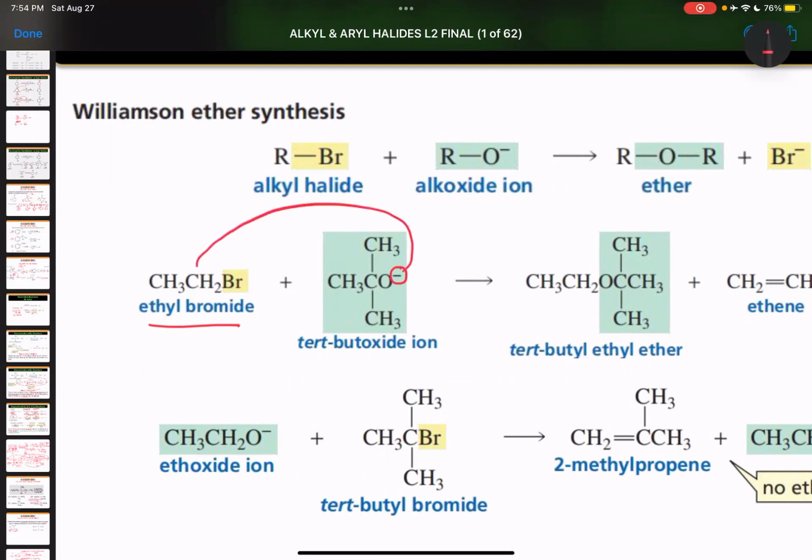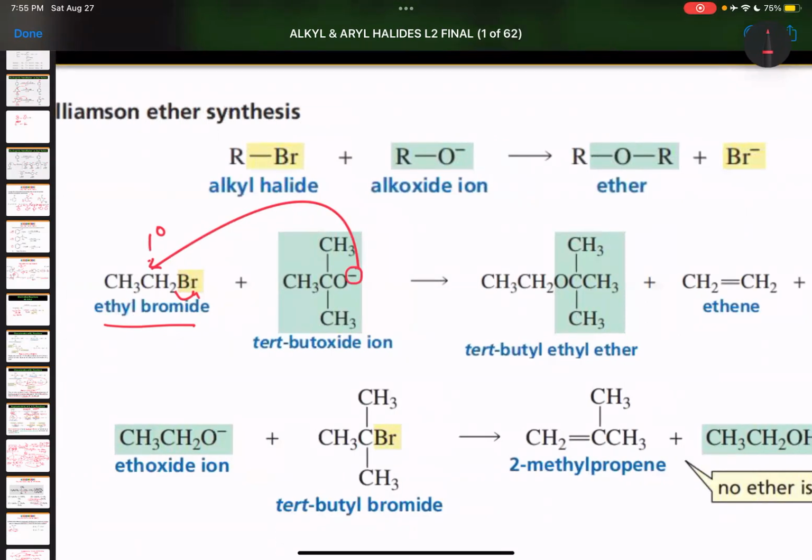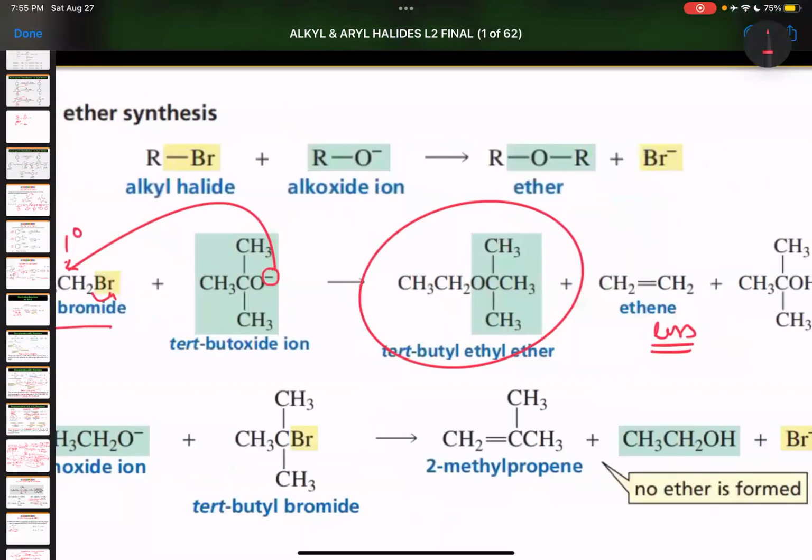This is primary, 1 degree, and it has hydrogens. So there is no problem for Br to come out. This is a substitution reaction. The whole group has come and joined itself to the carbon atom, pushing out the Br. So you have the main product by substitution. Elimination is very little, this is going to be the minor product.